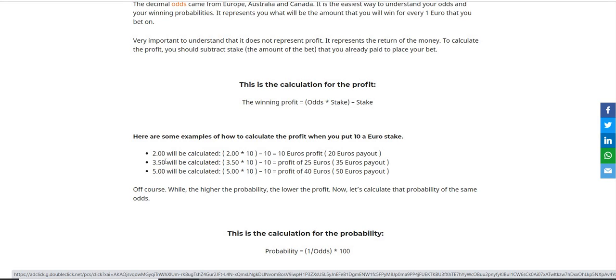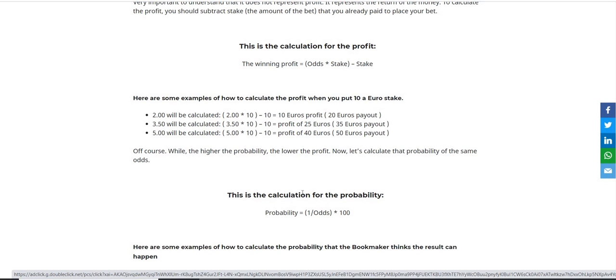With 3.50, it's 3.50 times 10 minus 10, which means the profit is 25 euros if you put 10 euros. And if you want to check, you can calculate 5.00. It's going to be a profit of 40 euros, while the payout is 50 euros. And here is the example of how to calculate it. And this was the profit.